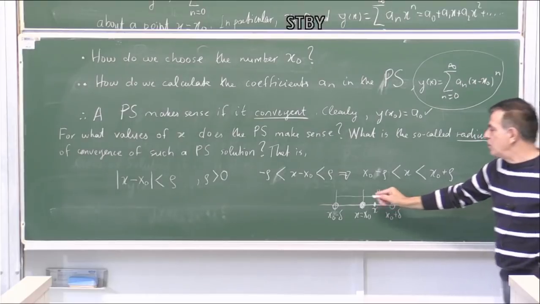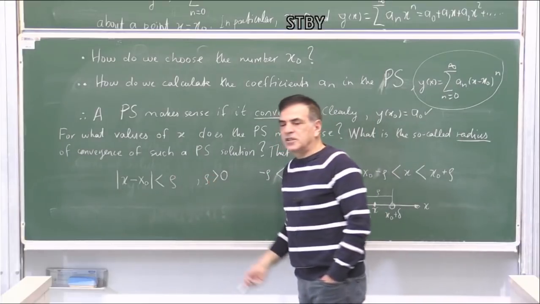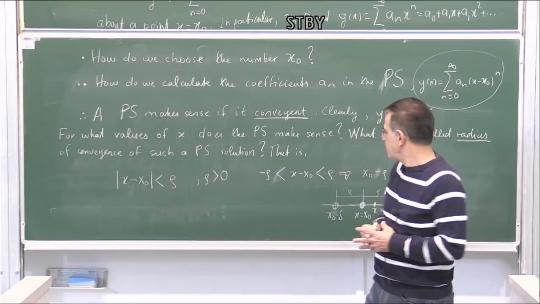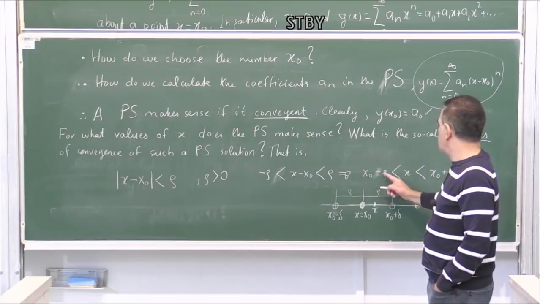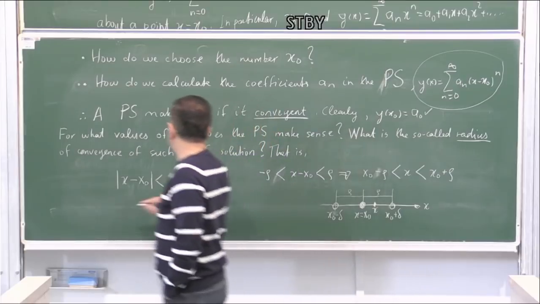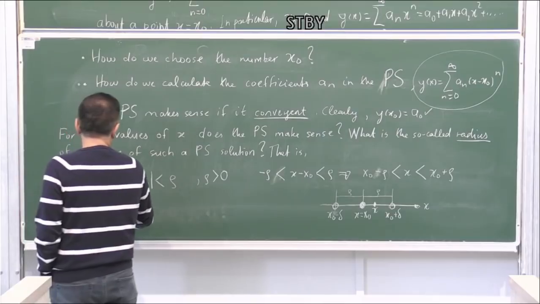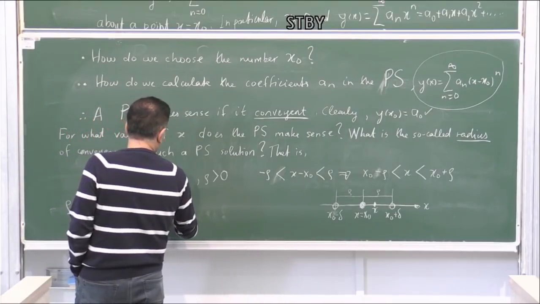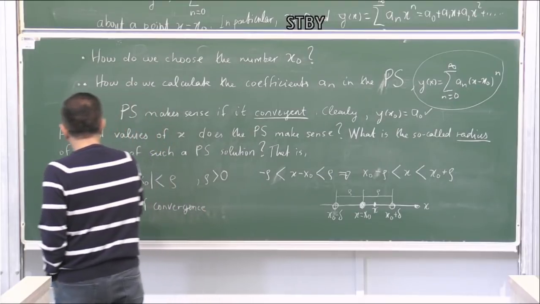So it is convergent if there is a non-zero radius of convergence. This is rho, called the radius of convergence.